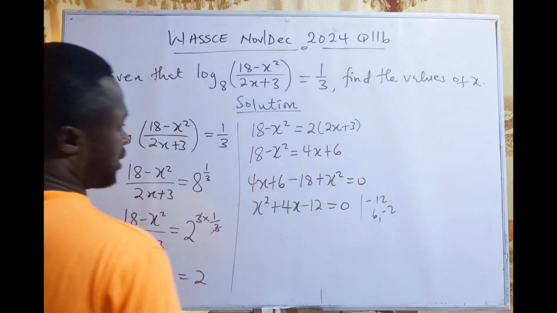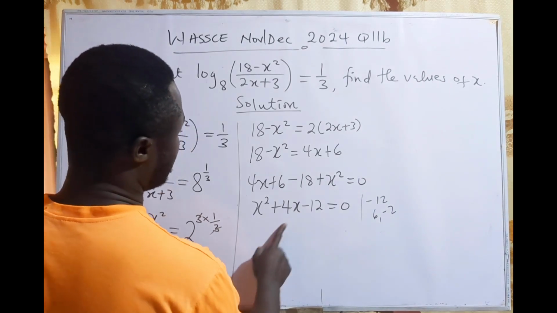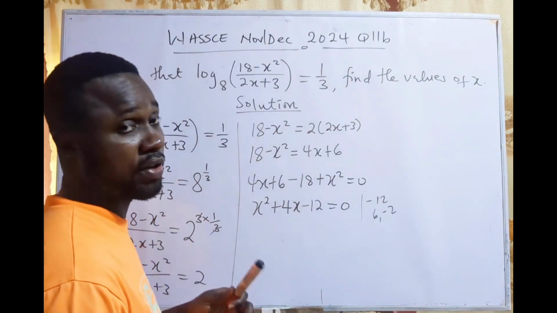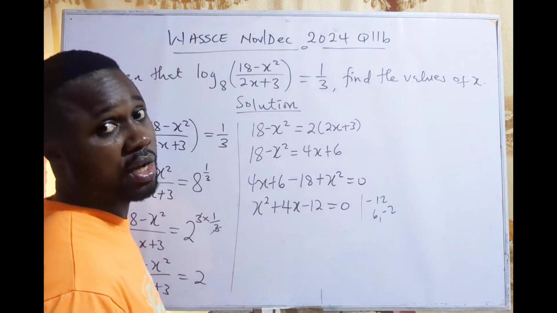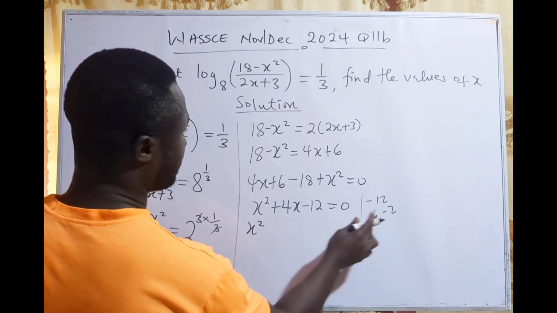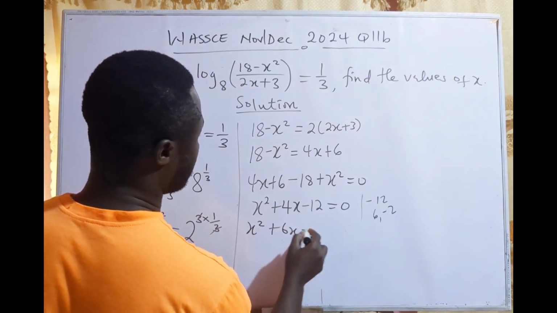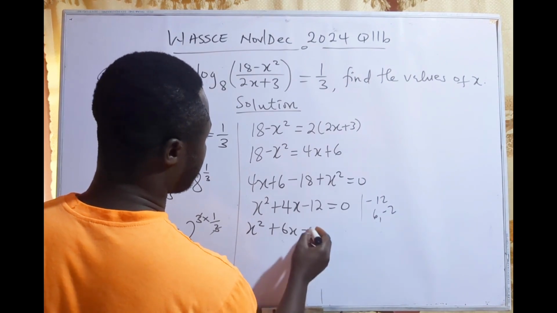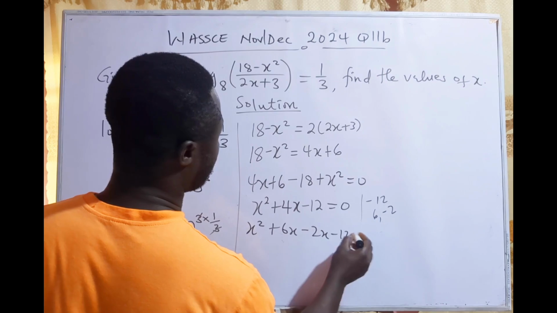So I can write this, if you like, by splitting the middle term and then factorizing, or you can factorize straight forward. You can write s squared plus 6s minus 2s minus 12 equal to 0.